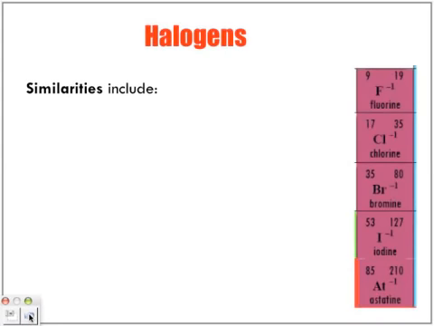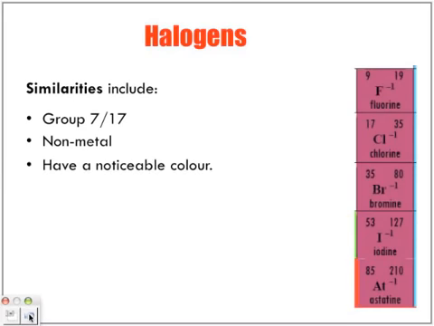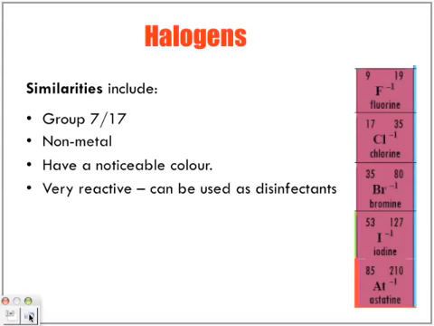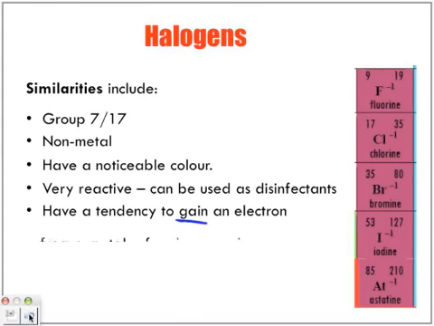Halogens are over at group number 7 or 17, the second last group on the periodic table. They are nonmetals. They have a noticeable color, they're very reactive, and they can also be used as disinfectants. They have a tendency to gain electrons, so they can gain one electron. Because they're gaining an electron, they become what we call anions.